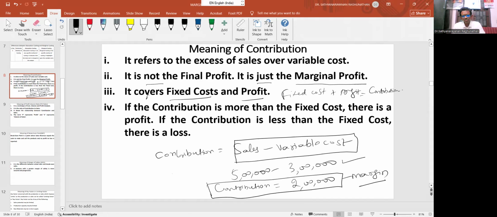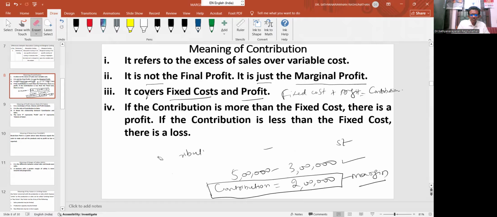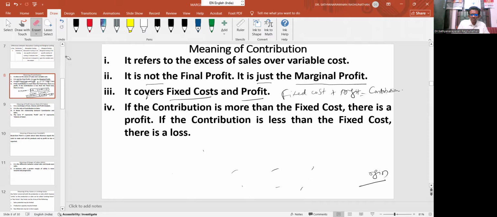If the contribution is more than the fixed cost, there is a profit. If the contribution is less than the fixed cost, there is a loss. Say for example, fixed cost plus profit is equal to contribution.